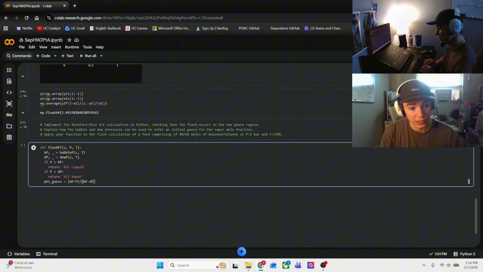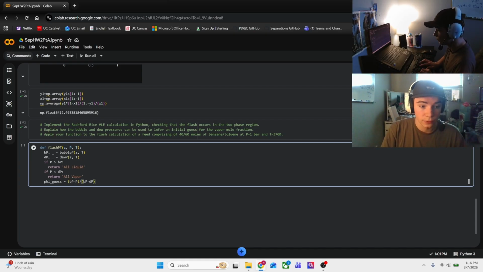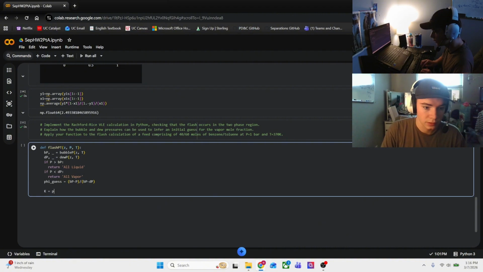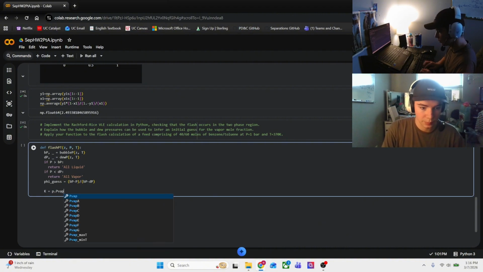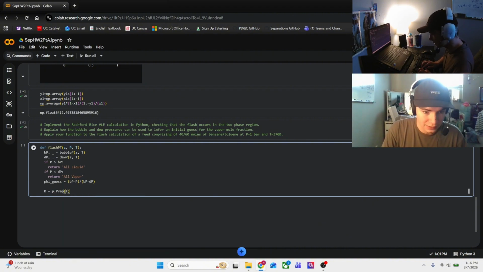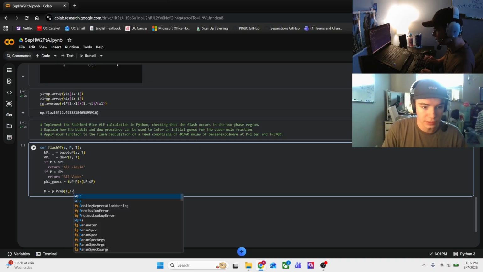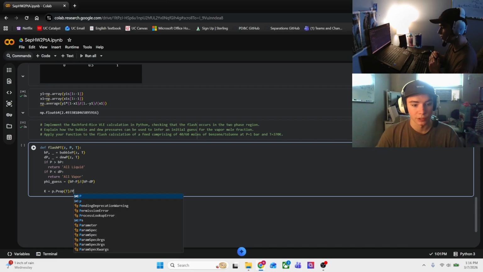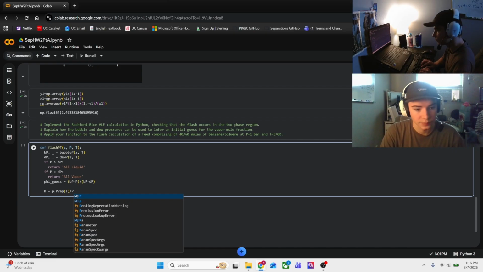So that'll give us a pretty good guess for phi. And then of course we need to find our K, which is going to equal P_vap, vapor pressure at T, over P, because that's our saturation vapor pressure over our total pressure, which is our Yi over Xi, which gives us our K.